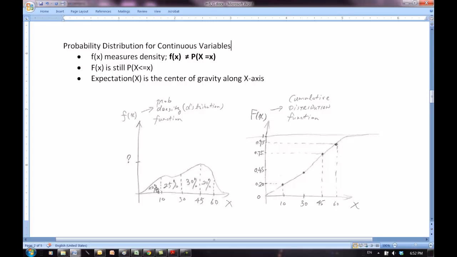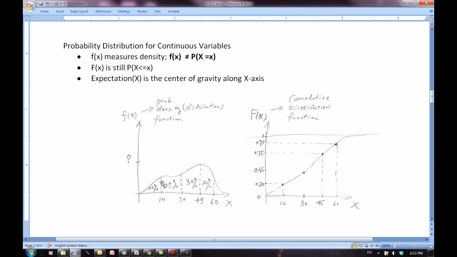So the first thing we know will be this being the density curve, then the area underneath the curve will equal 1, which means the probability of a transaction taking on a value between 0 and the upper limit will be 100%.